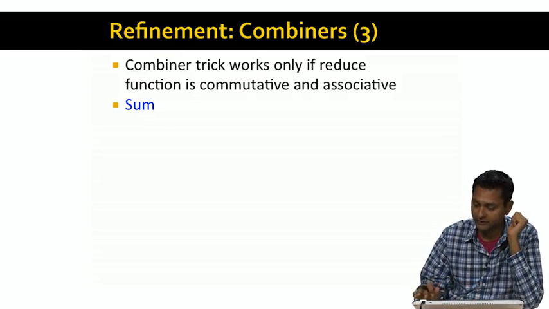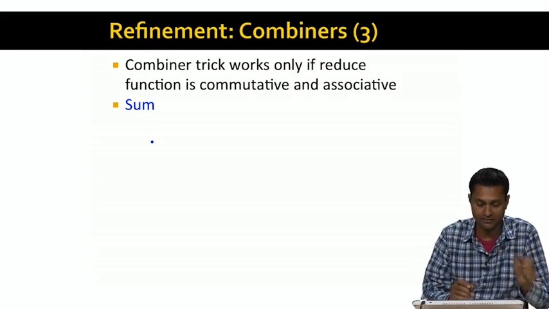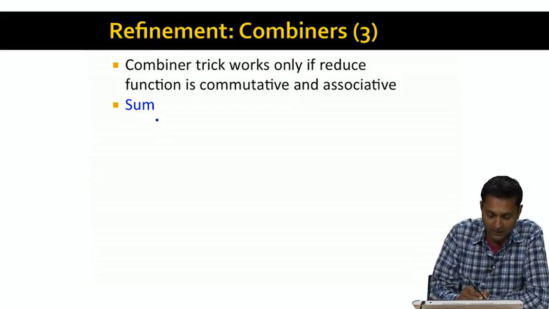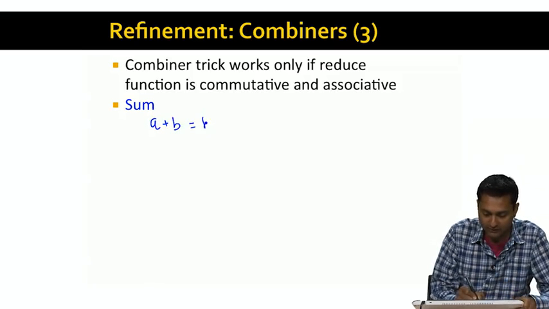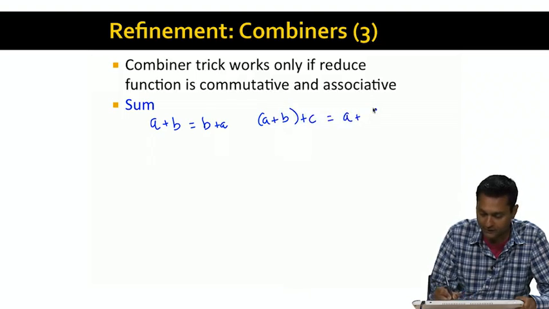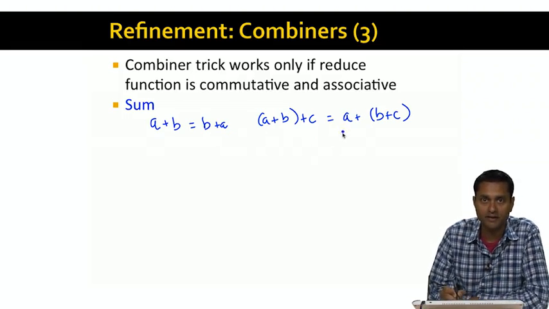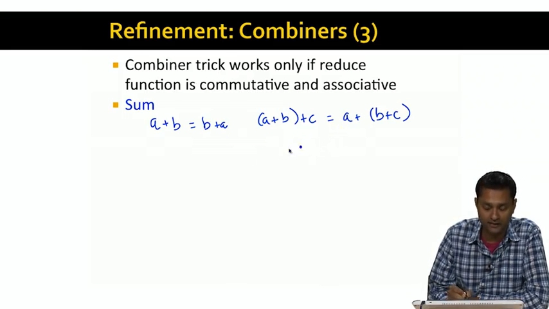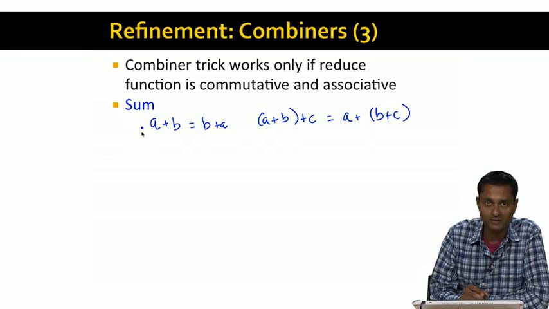The sum function is commutative and associative, by which we mean that a plus b is the same as b plus a, and a plus b plus c is the same as a plus b plus c. The first is the commutative property, and the second is the associative property. Because sum satisfies both these properties, sum can be used as a combiner as well as a reducer.